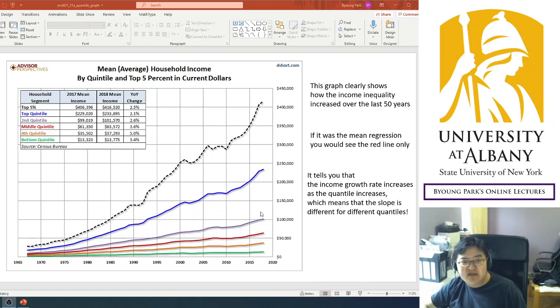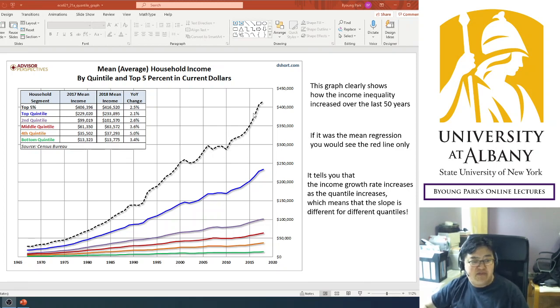To understand income inequality, one curve cannot explain how it changed. You have to look at all the curves at the same time to see how much the inequality increased over the last 50 years. And it's quite surprising.